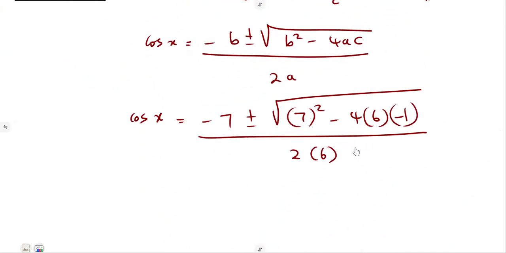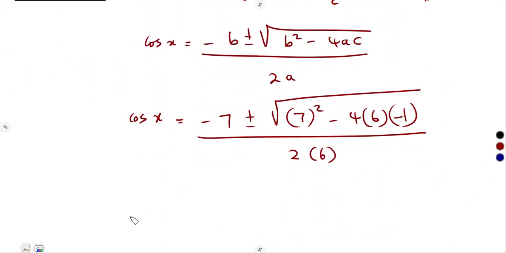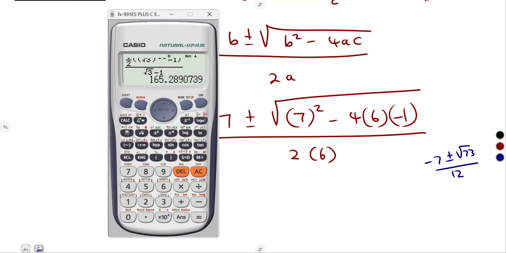So that is going to give us 2 possible values for the cos of x. You can simplify what is under the square root if you want, or you can just simplify these values at once. What is under the square root is going to give us 73, so minus 7 plus or minus square root of 73 over 12.